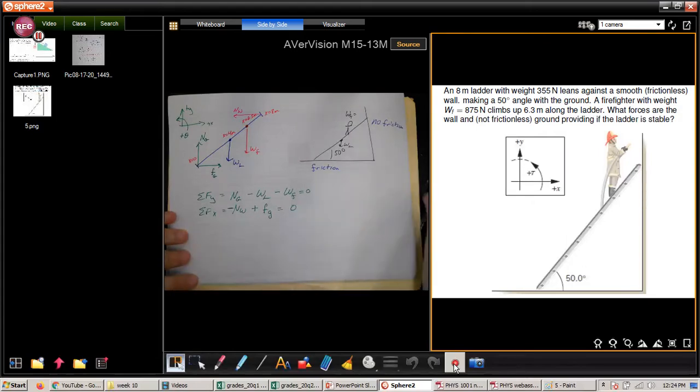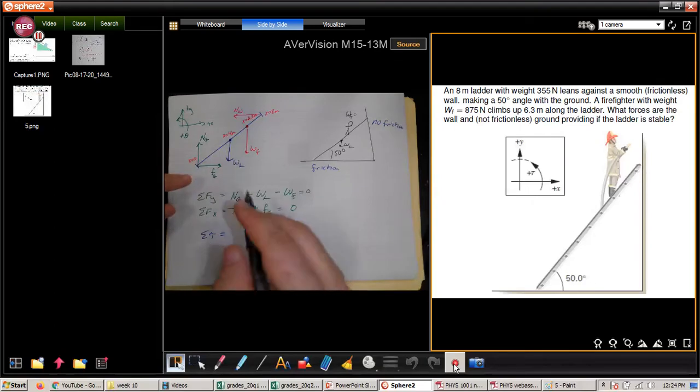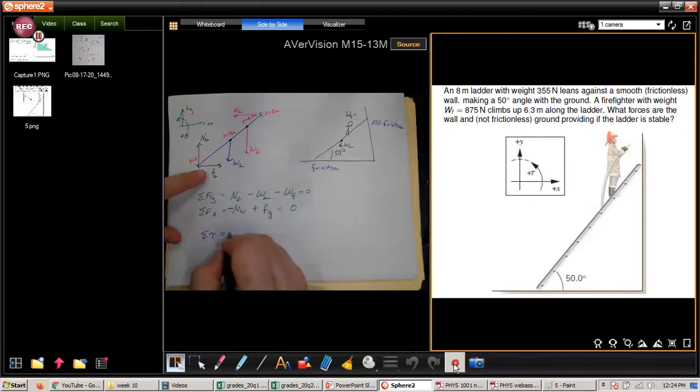And then finally, we can deal with the actual torque. So the sum of the torques, and I'm going to make up some notation. We have to put in all of the different torques that exist. Well, there are going to be torques from these two things.